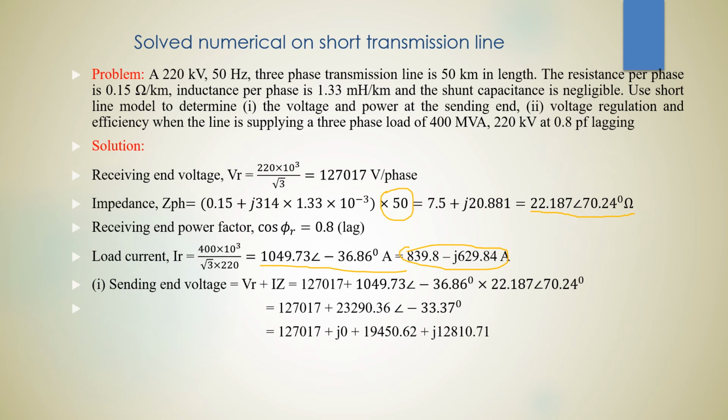Now see here, VR is noted, the angle is not taken, and then IR and Z. These are in polar form, so only polar terms are multiplied, and it is simplified as this. 127017 is taken as the reference vector here, hence 127017 plus j0.